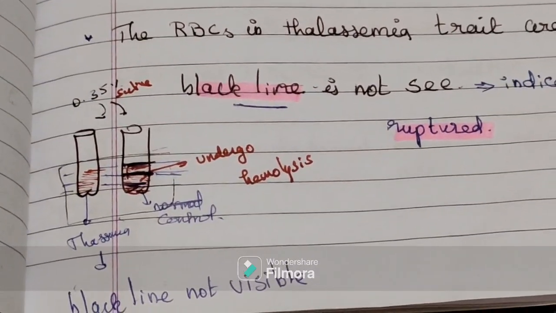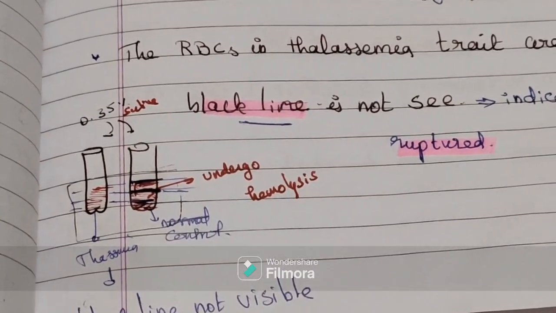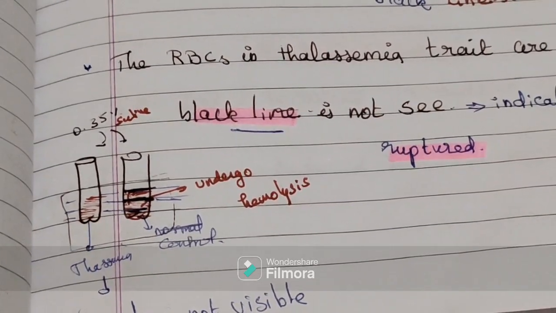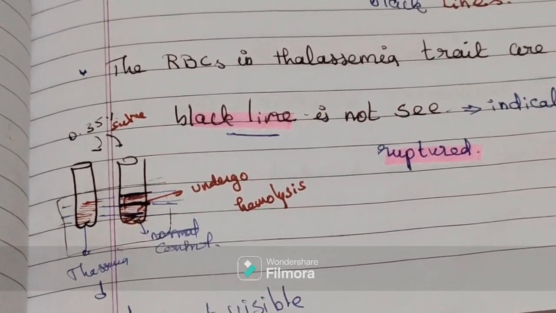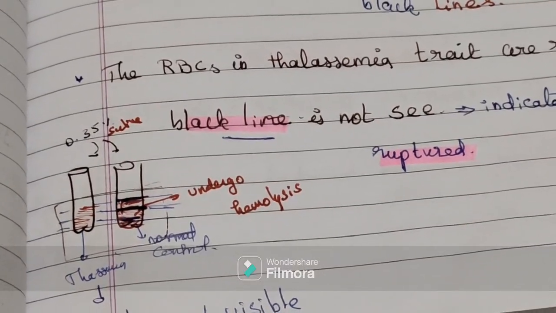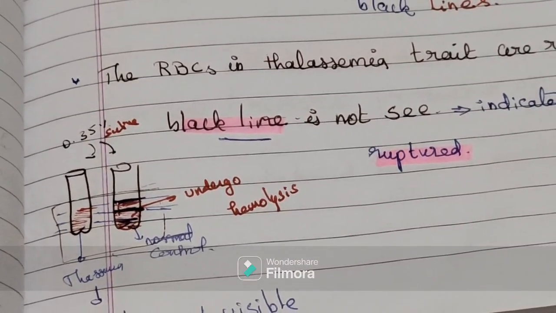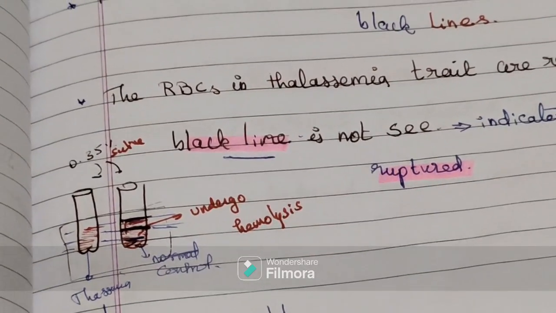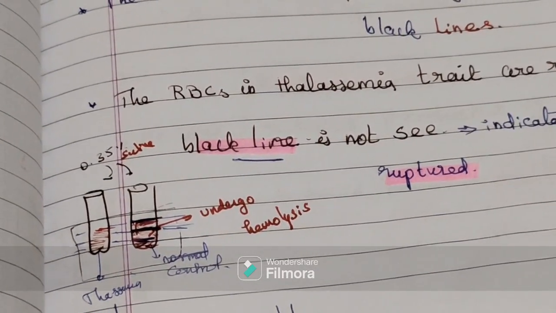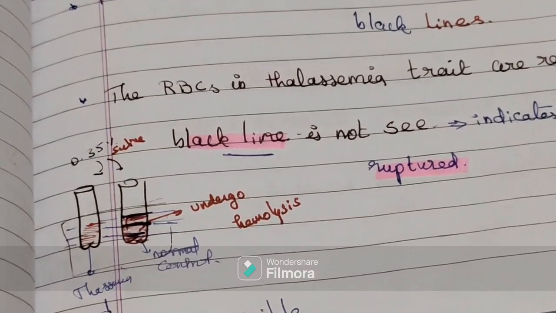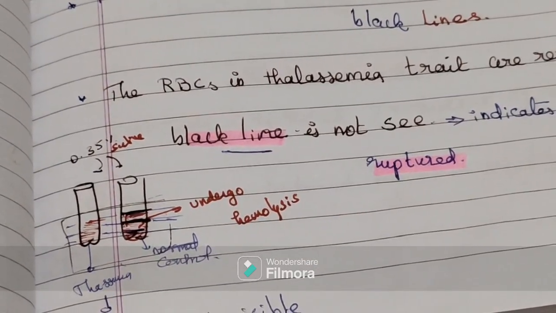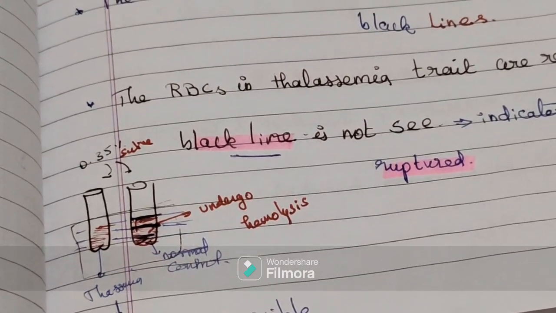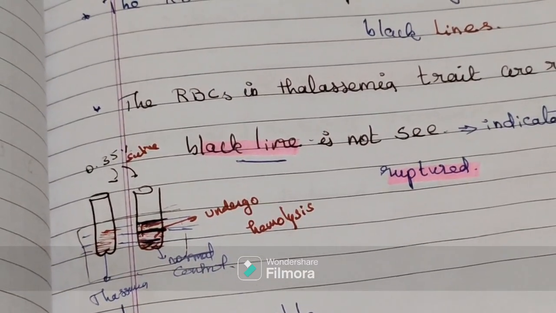So we take two test tubes, add 0.35 percent saline, and wait for 30 minutes. After that, put a white paper with a black line behind. The RBCs in the control undergo hemolysis, so the black line is visible. But the thalassemia RBCs are resistant to 0.35 percent saline, so they will not undergo lysis, and the black line is not clearly visible. That is the NESTROFT test.